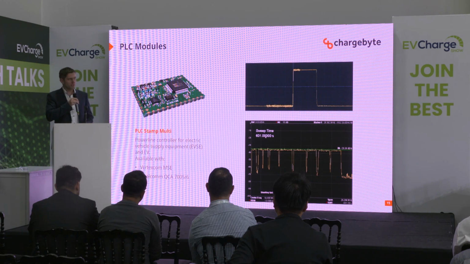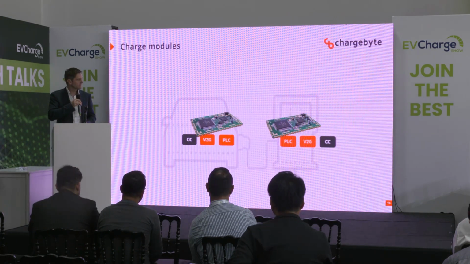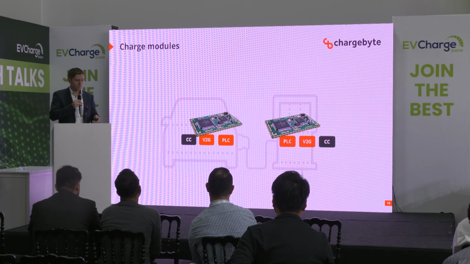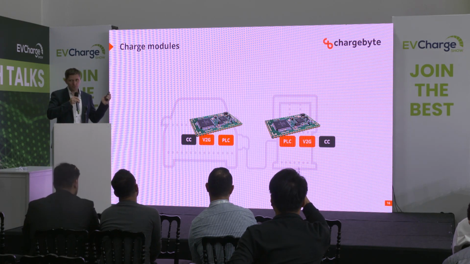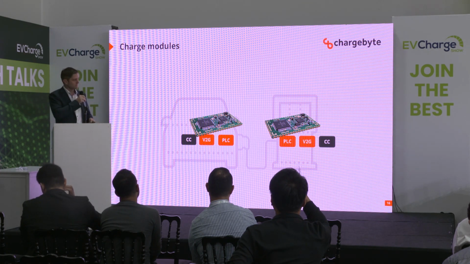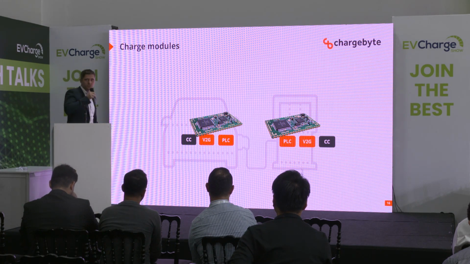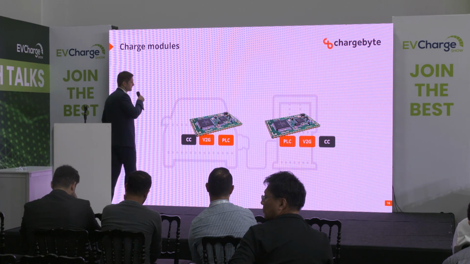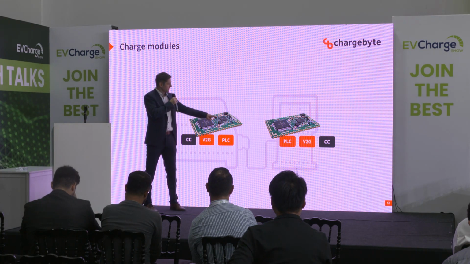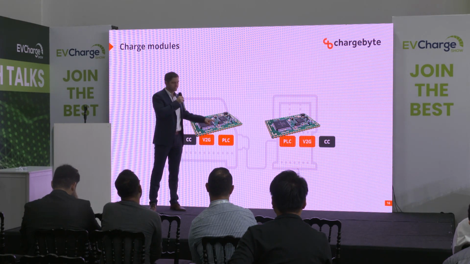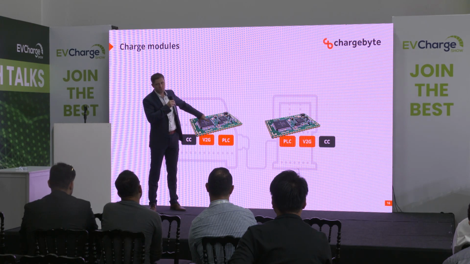But still, just as a reminder, so this was the power line, this little ripple. You can communicate over power line, but what you do not have is the V2G communication. And for that, you saw the chip I had on the first slide. This is all the power line section. And then we placed a controller next to it.